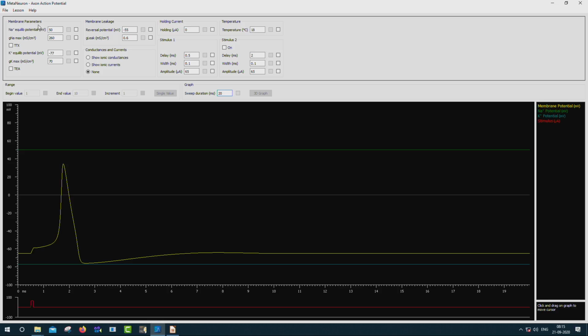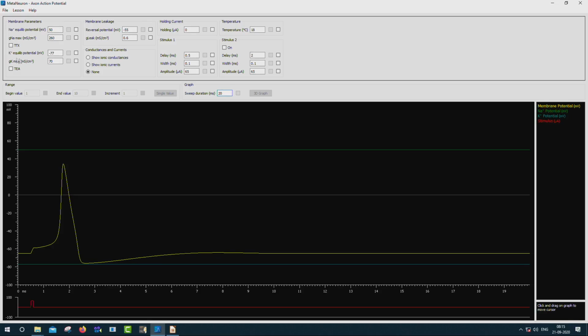You have membrane parameters over here. This is the sodium, and the most important ion in the resting membrane potential is potassium, but here it's sodium. The sodium equilibrium potential is set at 50. The conductance, G max, which reflects the number of sodium channels, is kept at 260.